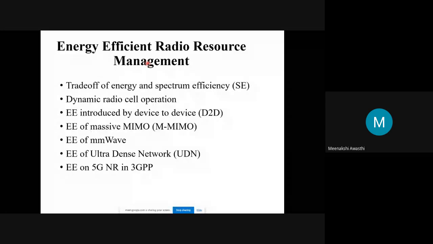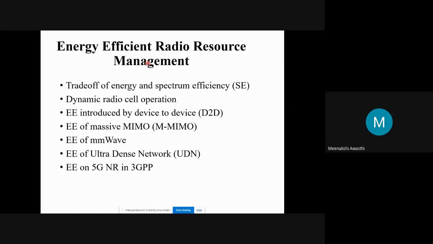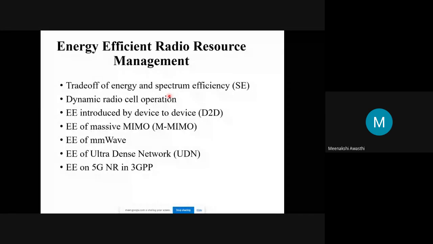The idea of dynamic cell operation is to switch off or deactivate as many radio resources, like antennas, carriers or beams, as possible once the user demand decreases. So by efficiently utilizing our resources, we can improve the energy efficiency of a network.